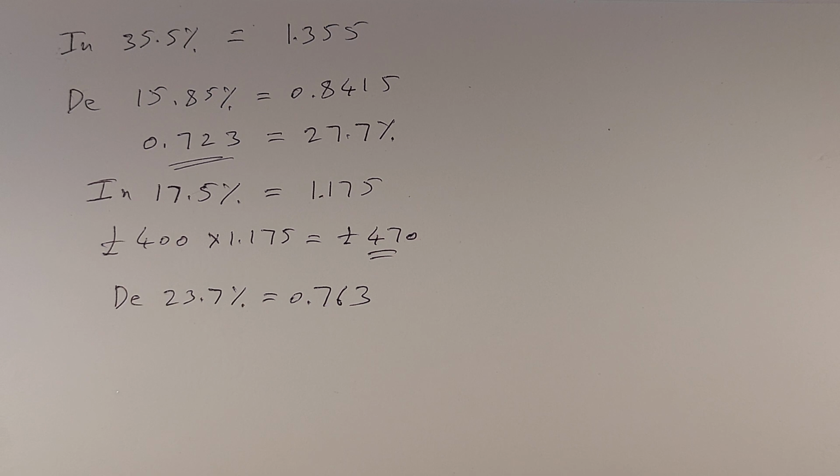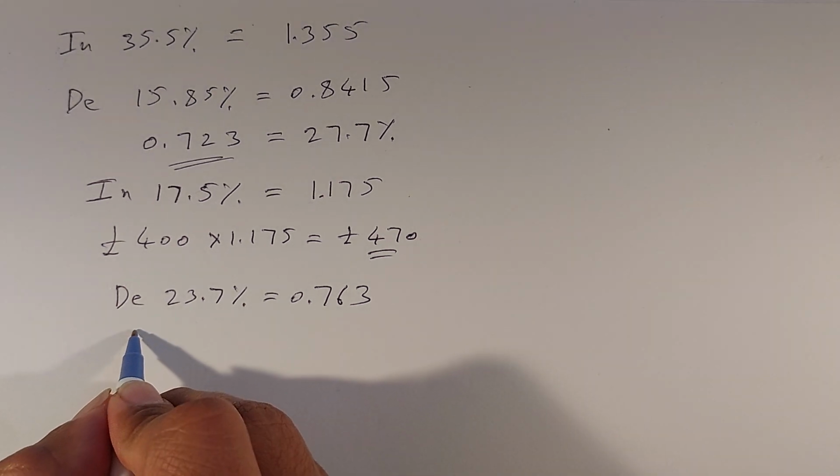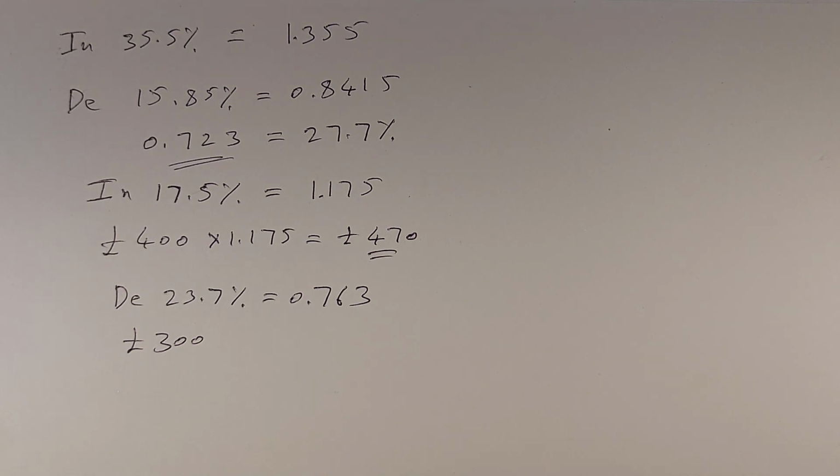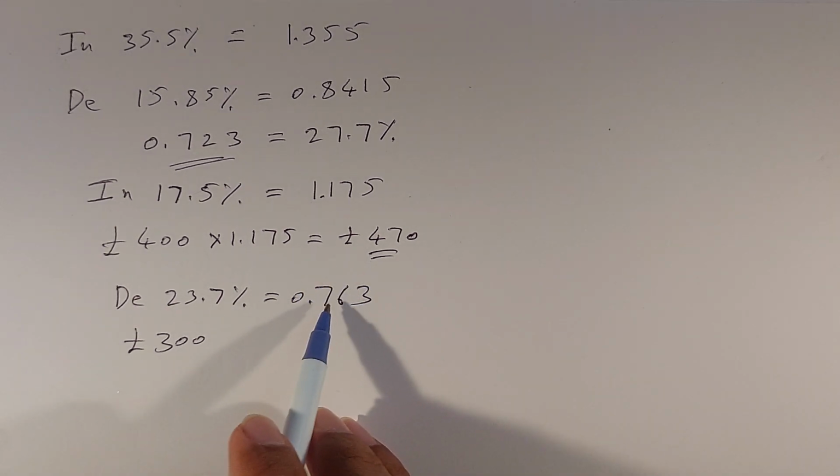This is our multiplier. If there's a thing which is £300 decreased by 27.3%, what is the multiplier? What amount are we paying for that? So this is our multiplier.